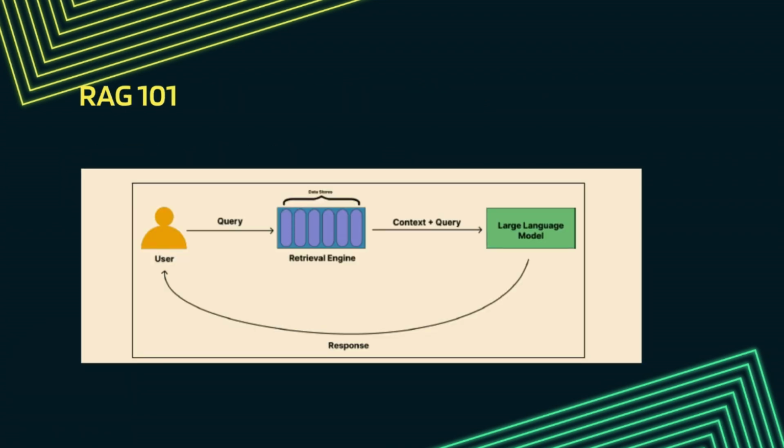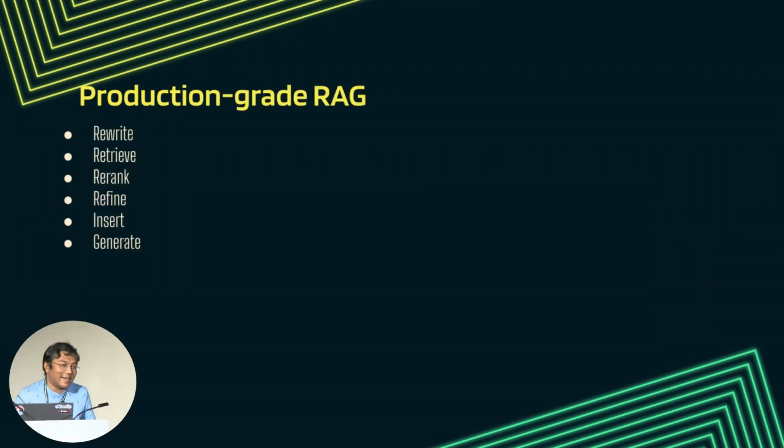As you all know, RAG 101, very quickly going through it. User sends a query, there's a retrieval engine, you retrieve results, and then ask the LLM to give you a response. But as you all know, it's not enough. Production grade RAG usually has a lot more steps. There's rewrite, where your initial user query has to be rewritten in some form to make it more appropriate.